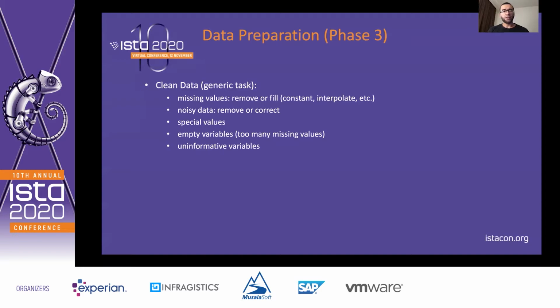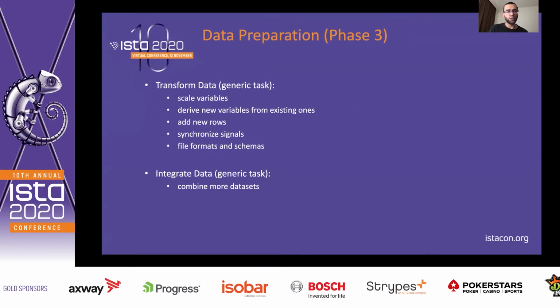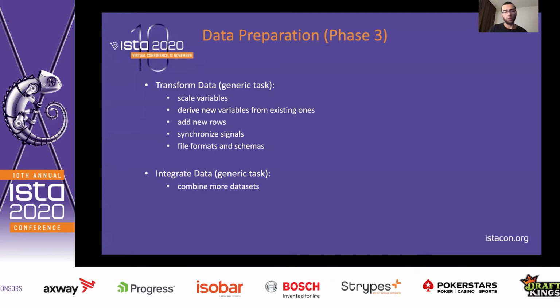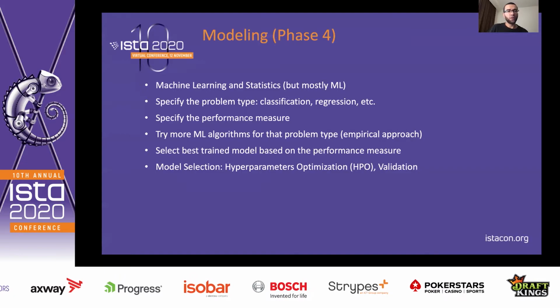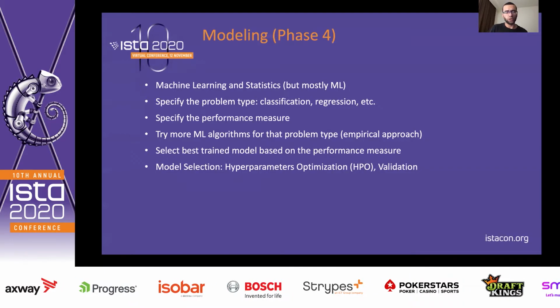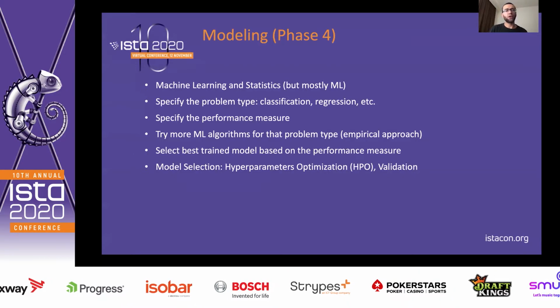Okay, so the next phase is data preparation. This is where we prepare the data so we can then apply machine learning in the next phase. So here, first we have to clean the data, we have to transform the data, and we have to integrate the data if we have more data sets. Then we can move to phase 4, which is the modeling phase, and where we use machine learning. We specify the problem type.